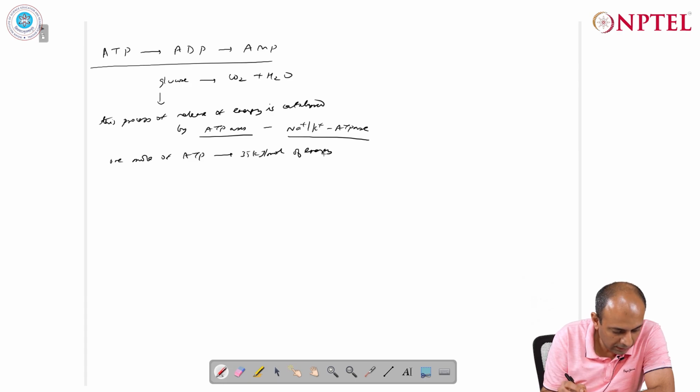So we essentially have the ribose part along with the adenine part, and this is covalently connected here. As you can see, I am just drawing a part of it.